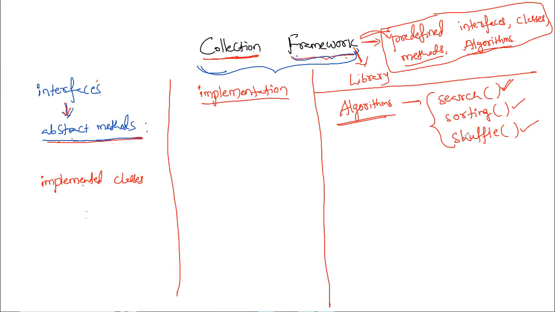We shuffle to change the order. In those situations, we'll be using these most commonly used algorithms, which are already included in the collection framework. As an end user or programmer, we just have to use them in appropriate situations. We don't need to write any logic for these things.